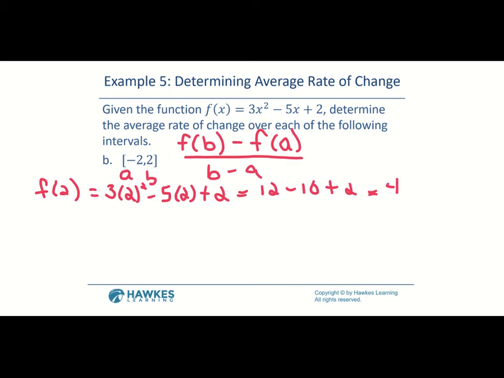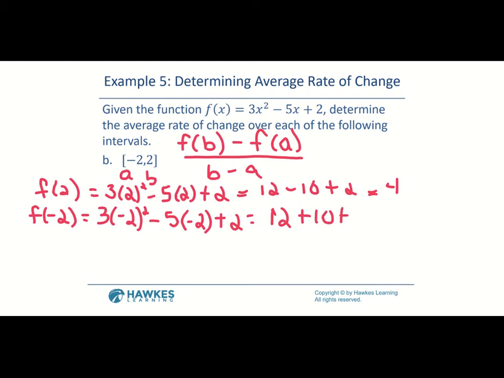Then we need f of -2. So that's going to be 3 times -2 squared minus 5 times -2 plus 2. -2 squared is still positive 4, so that's going to be 12 again. -5 times -2 will give me a positive 10 this time, plus 2. So that's going to equal 24.